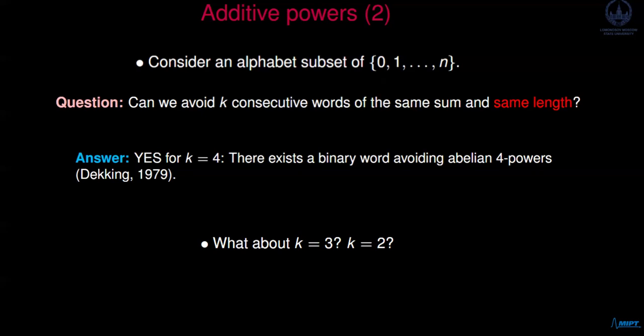However, this naturally leads us to ask, what about smaller values of k, like k equal to 3 or k equal to 2? These cases remain more complex, and they pose enduring questions for further exploration. The transition from 4-powers to smaller powers is a delicate issue, as smaller powers are typically more challenging to avoid.